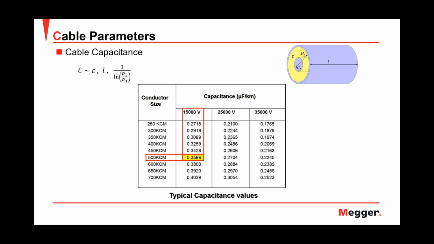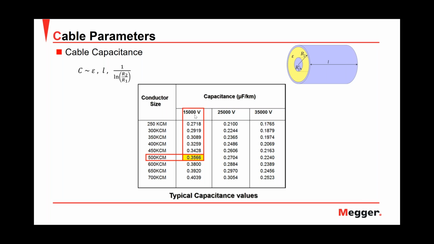If you see the table in this slide, it looks like the capacitance decreases as we increase the voltage of the cable. But what really drives the decrease in the capacitance value is the geometry, the ratio between the outer radius and the inner radius in the cable.